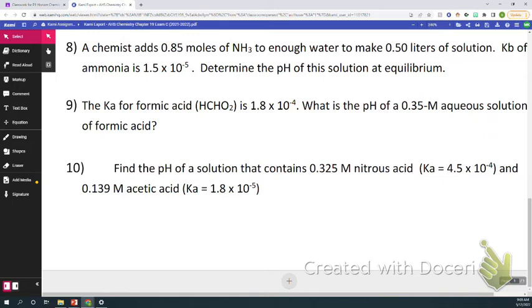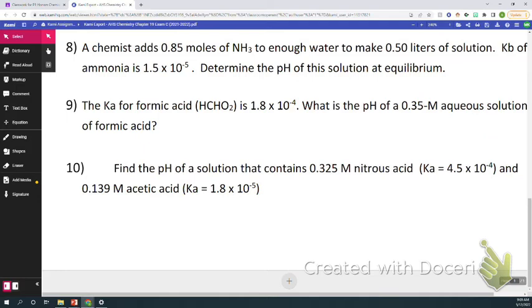Number 10. The pH of a solution that contains nitrous acid and acetic acid. There's two sources of acid. So if you can find the H plus, right? The contribution of H plus by both of these acids and add up the H pluses together, that would be the total H plus concentration.